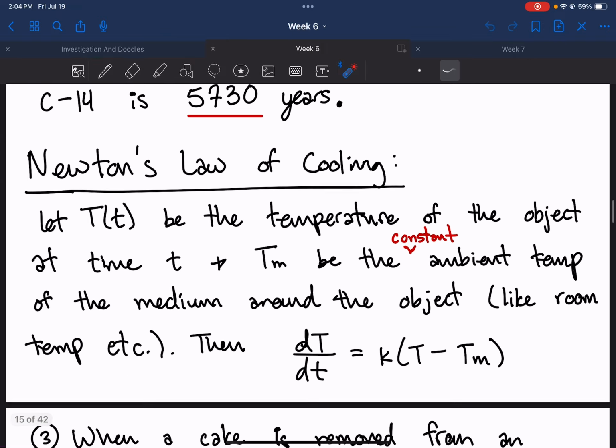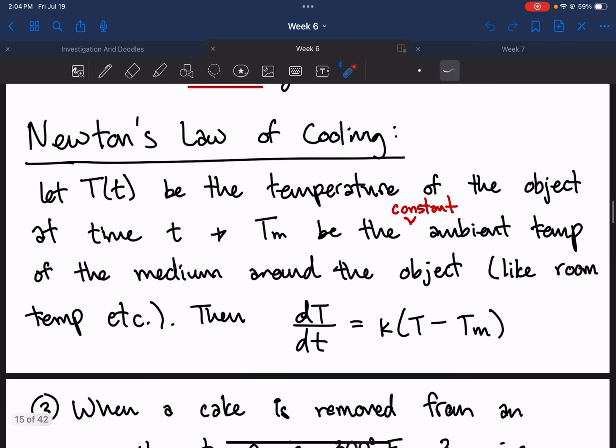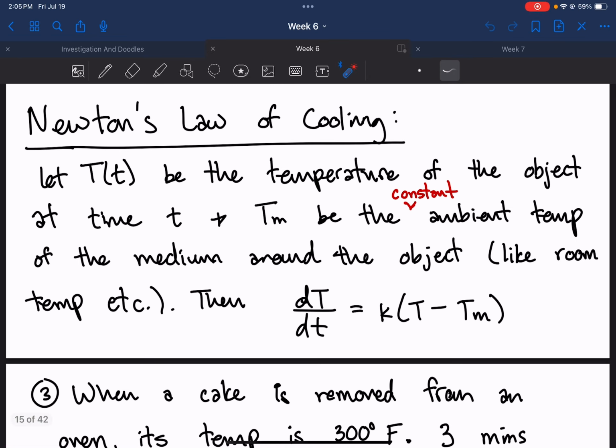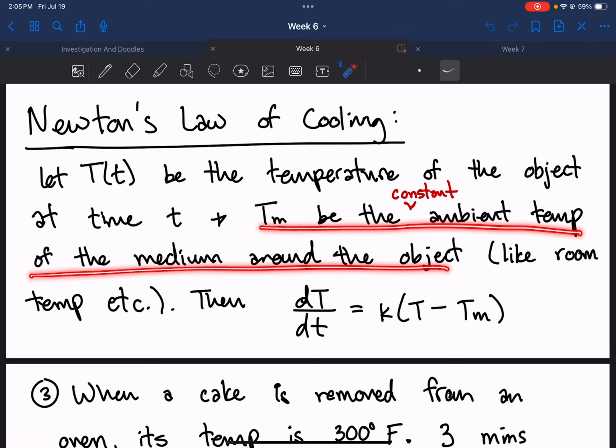Okay, here's another growth and decay model for you. Except this time, it's not exactly proportional to the temperature, it's proportional to the difference between the temperature and the ambient temperature. So let's talk about Newton's law of cooling. We're going to let T be the temperature of an object at time t, and Tm be the constant ambient temperature of the medium around the object. Think like room temperature.